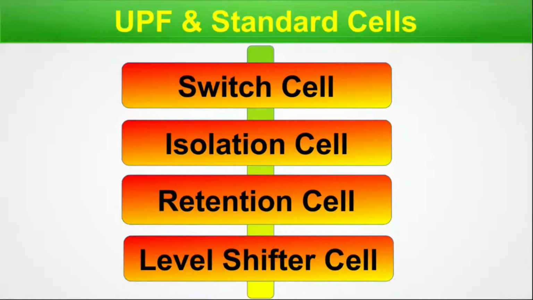And in UPF, we have the exact same commands to apply these kinds of cells in the actual design. In upcoming slides, we will discuss all of these cells as well as the corresponding UPF commands.